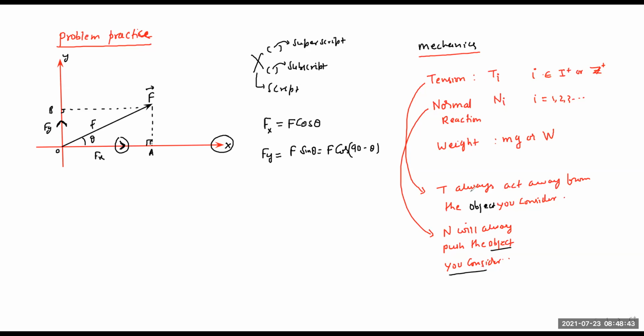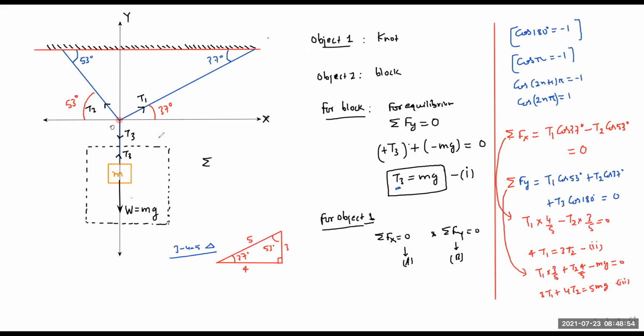The T always acts away from the object you consider. So when I am considering the knot as my object, T is down, but the moment I consider M as my object, T is up, because T, the tension force, always acts away from the object you consider.